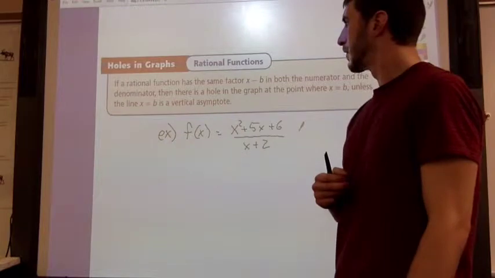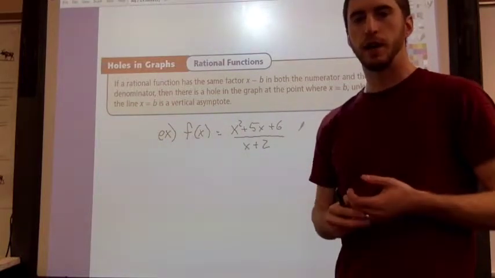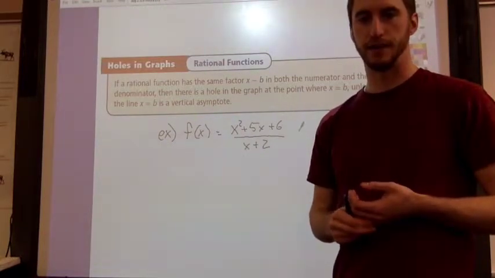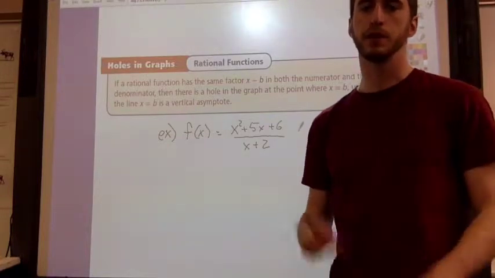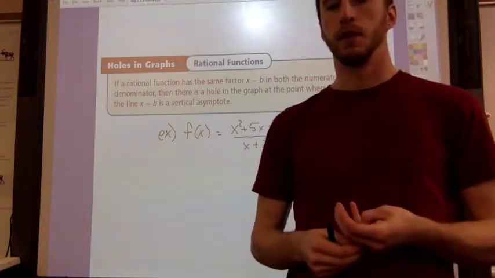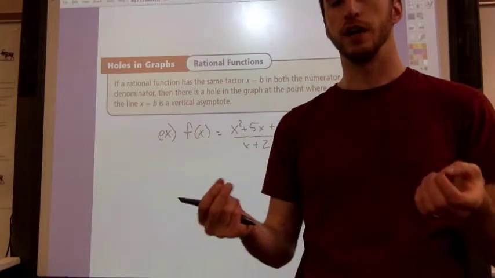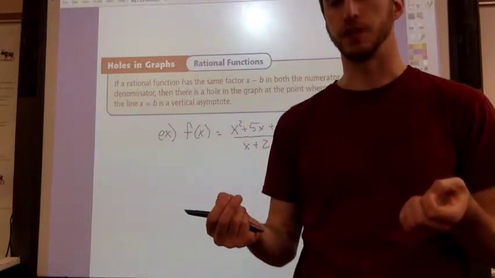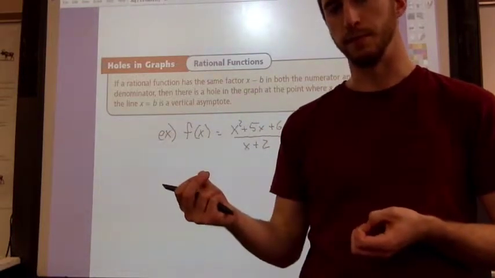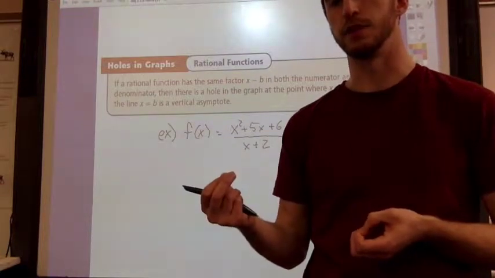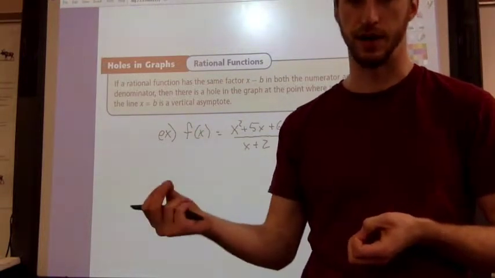Okay, so now we're going to learn about holes in graphs, okay? And if you can recall, there were a lot of rational functions that after you simplified them, I would ask you to tell me where x is undefined.